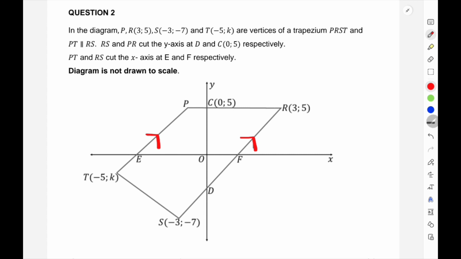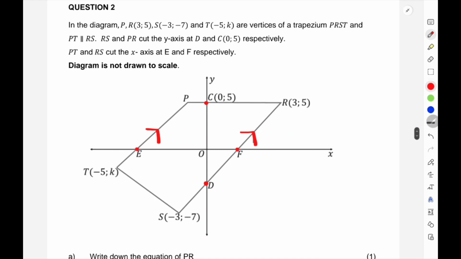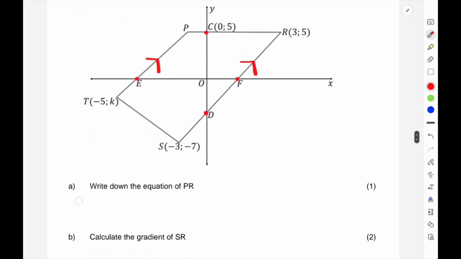RS and PR cut the y-axis at D and C respectively. PT and RS cut the x-axis at E and F respectively. Those are the coordinates of the x-intercepts and the y-intercepts. The diagram is not drawn to scale.